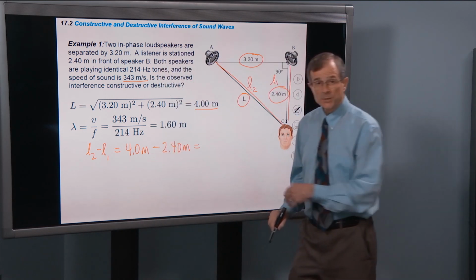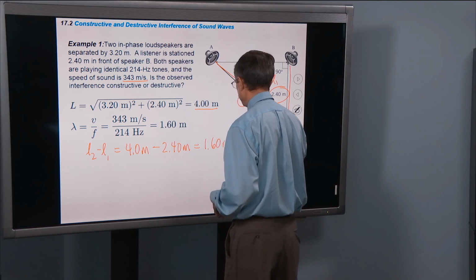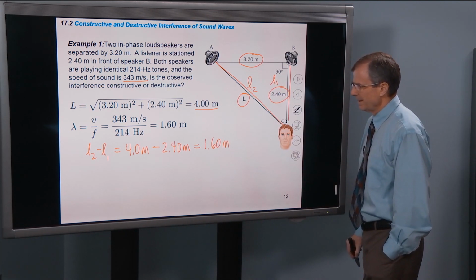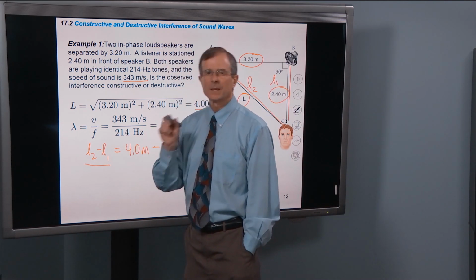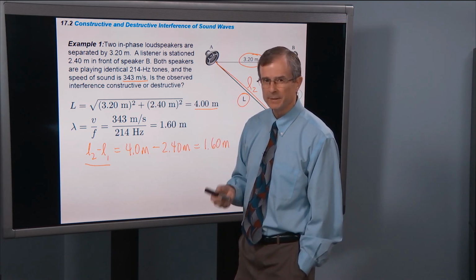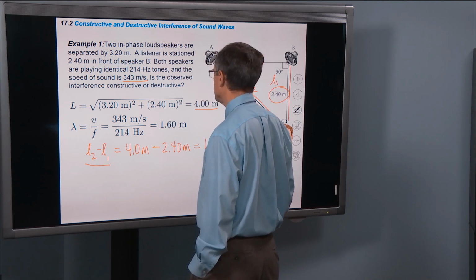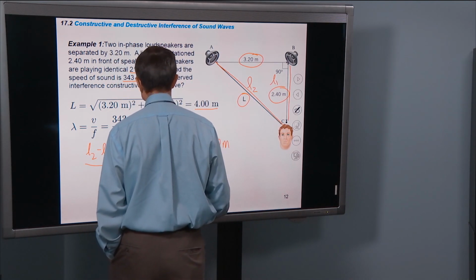Well, 4 minus 2.4 is our old friend 1.6. That gives a path length difference. But what matters is the difference in path lengths compared with the wavelength. And so we're going to need the wavelength in order to determine whether the interference is constructive or destructive. We're given the frequency, 214 hertz.